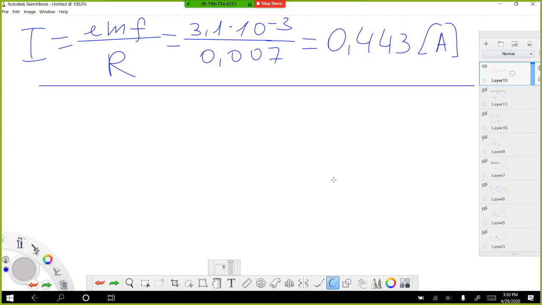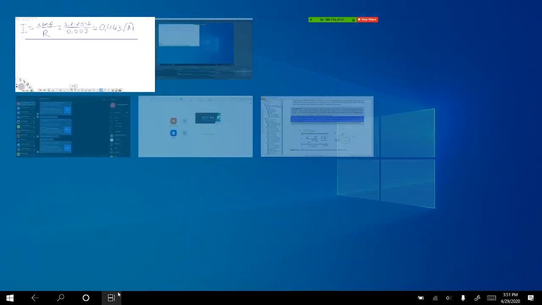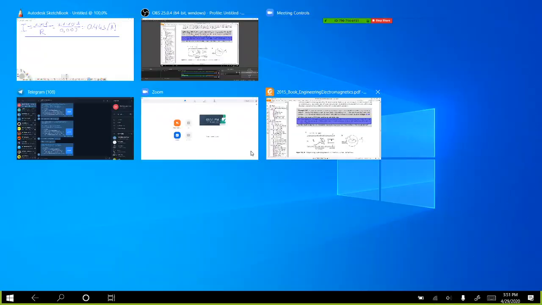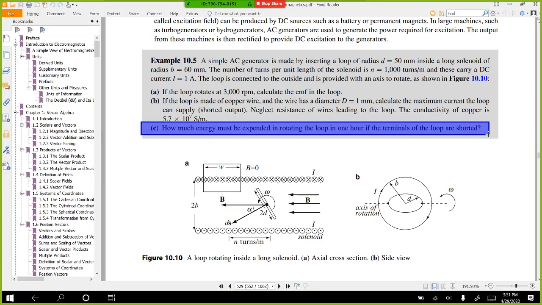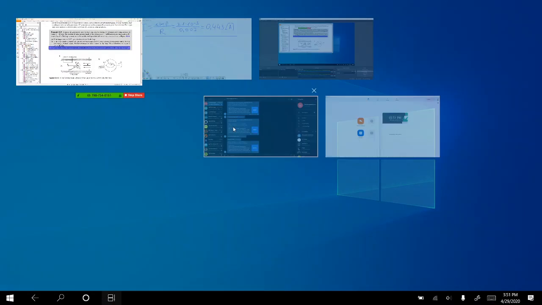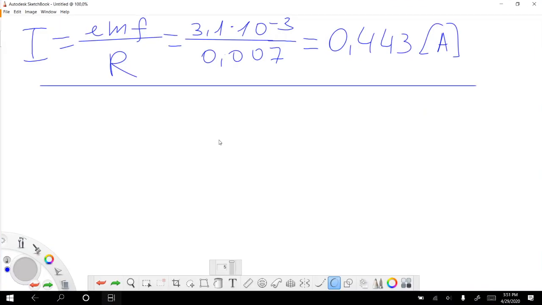So there is also a third part of our problem. The third part is saying how much energy must be expended in rotating the loop in 1 hour if the terminals of the loop are shorted.